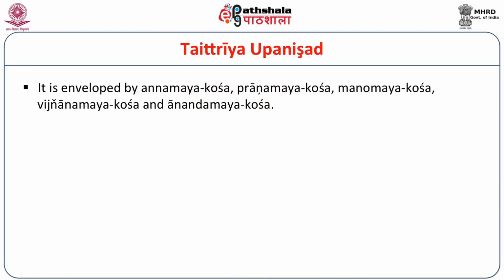Now, the Atman is enveloped by these bodies, and each body consists of some koshas. For example, there are 5 koshas: Annamaya kosha, Pranamaya kosha, Manomaya kosha, Vijnanamaya kosha, and Anandamaya kosha.